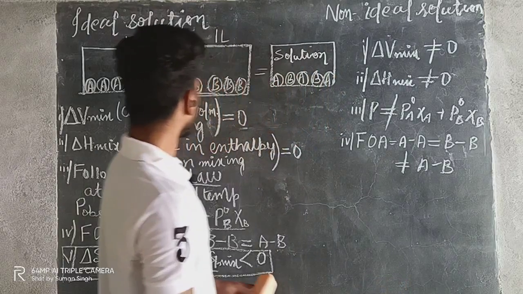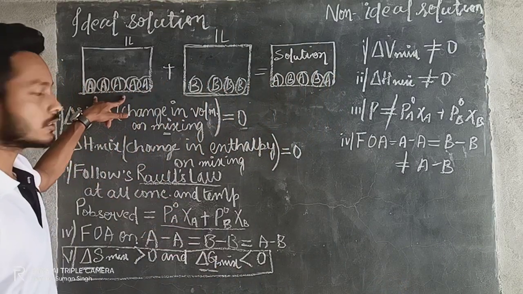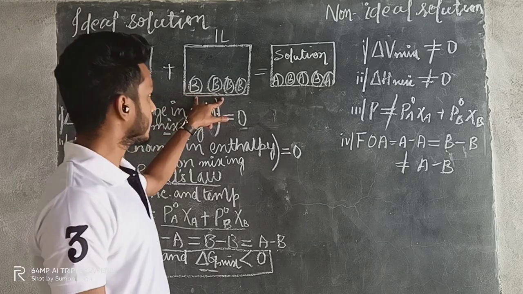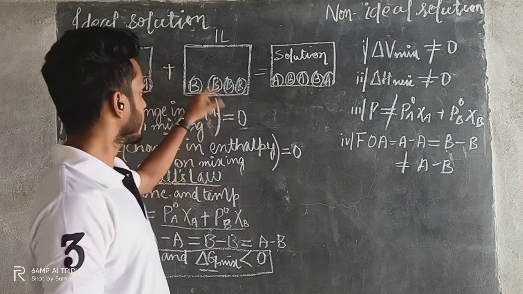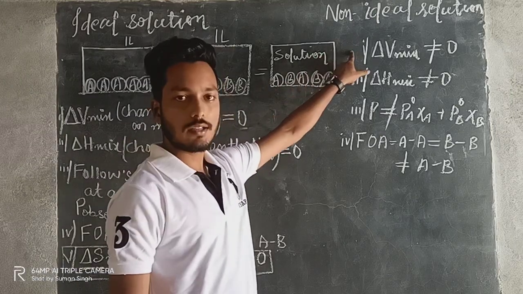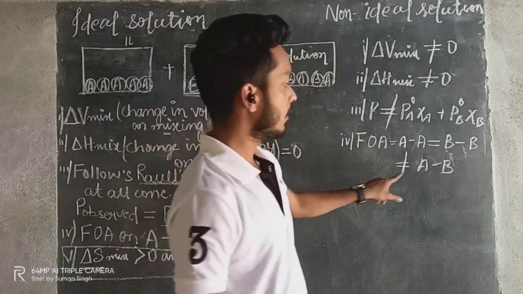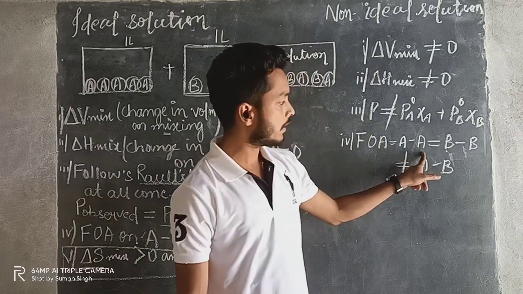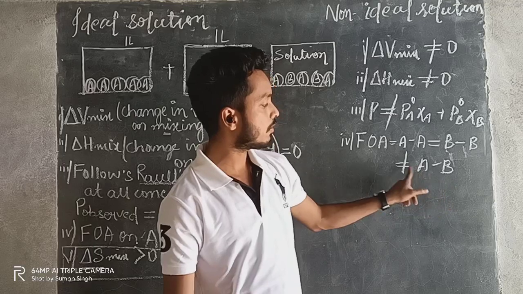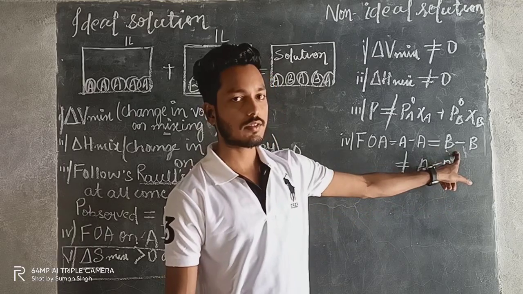Just see, here some interaction was there between AA, and here some interaction was there between BB. On mixing, when AB has formed, if it is a non-ideal solution, then the force of attraction between AA and between BB will not be equal to that of AB. Understanding or not?